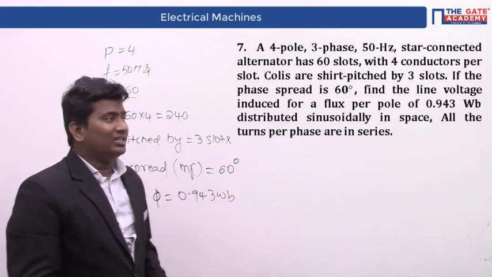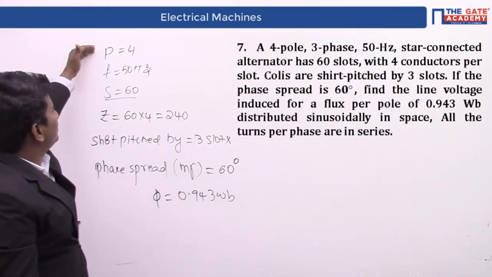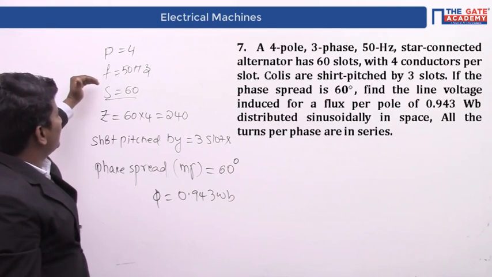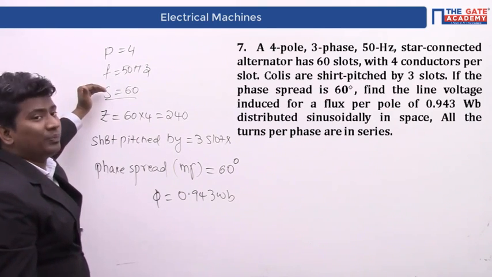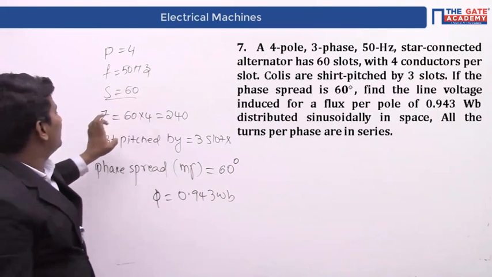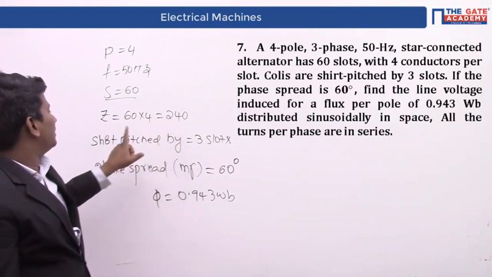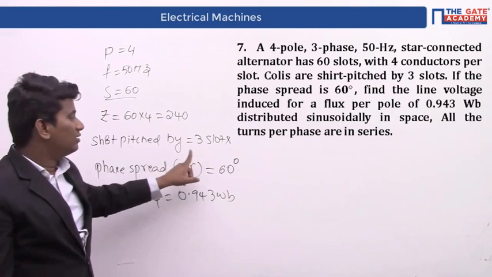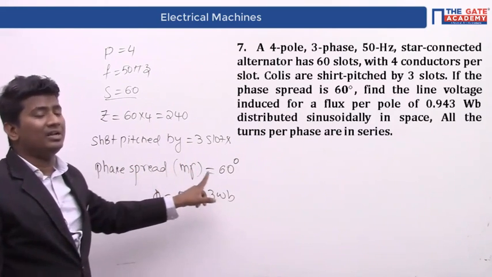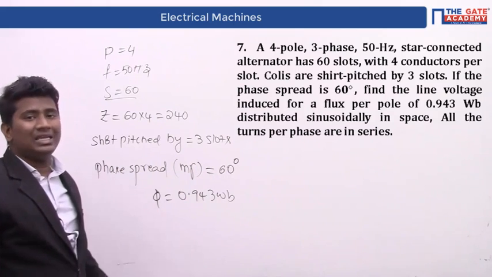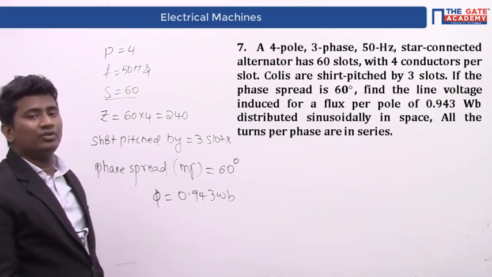What have they given? They have given the number of poles, the frequency and the slots, and the number of conductors per slot is 4. Therefore total number of conductors is 60 into 4, 240. The coils are short pitched by 3 slots, the phase spread is 60 degrees, and the flux is 0.943 Webers.